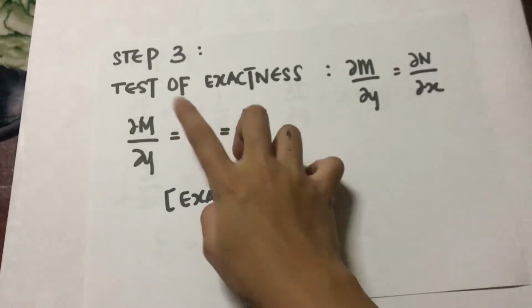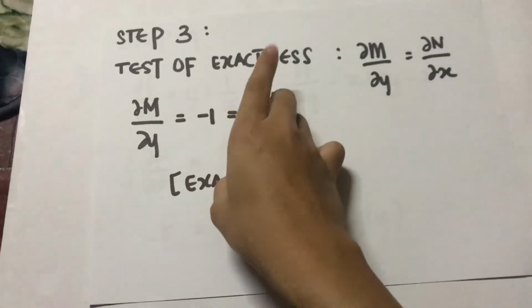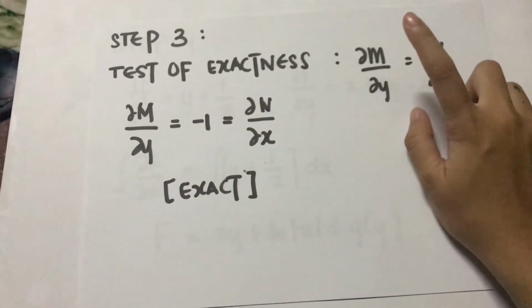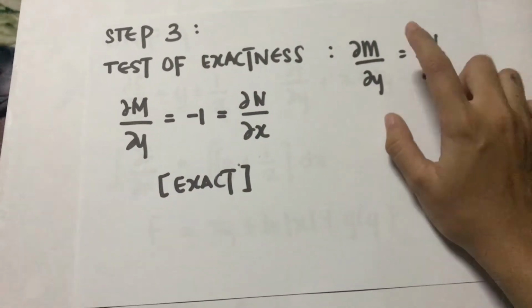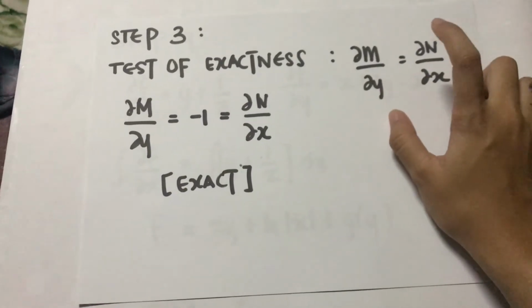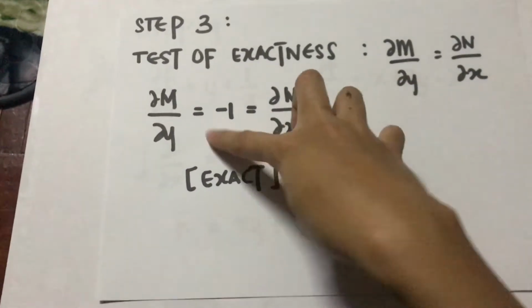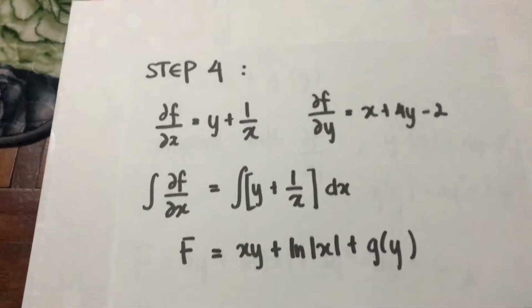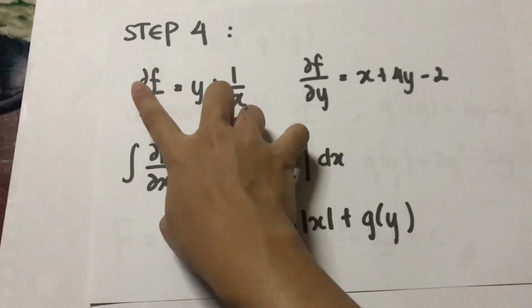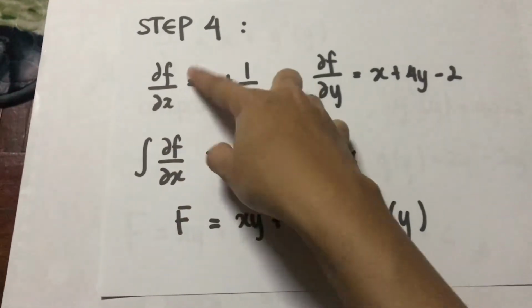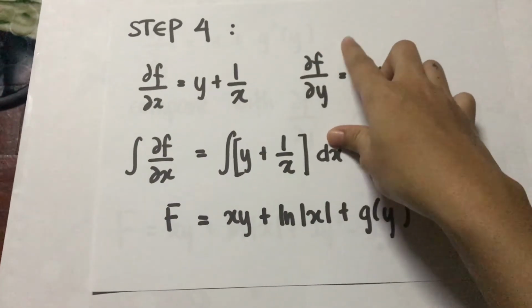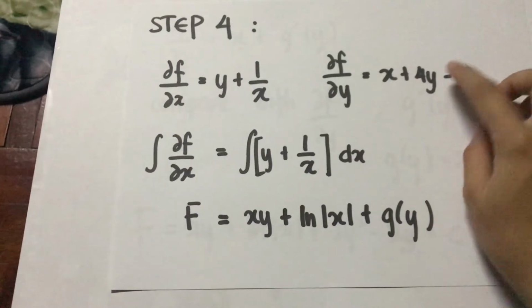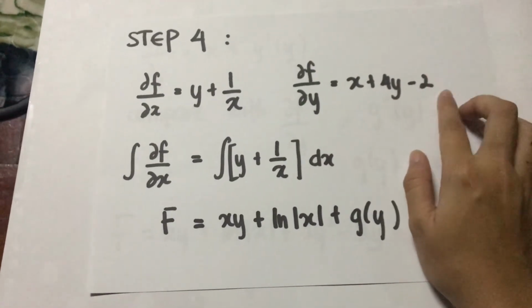Then we're going to make the test of exactness, which is differentiating M with respect to y equals differentiating N with respect to x, which is -1. So this is exact. Then I'm going to differentiate f with respect to x, this one. Differentiate f with respect to y, x plus 4y minus 2.